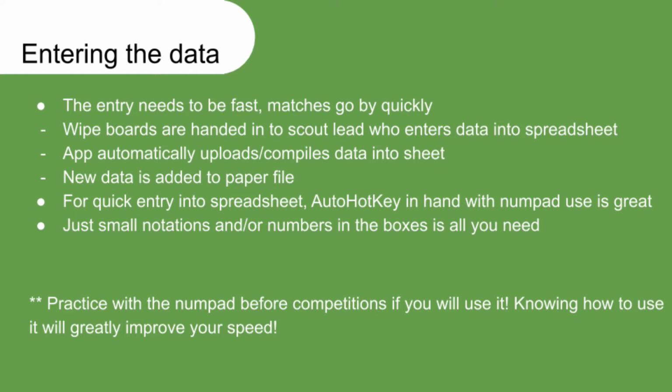It's really just a breeze, especially if you're really good at it. And just small notations and or numbers in the boxes is all you need, which is why the numpad is good to use, because maybe you don't need the minus button up in the corner. So you set it to N for no, for a box. And as always, practice before competitions using the numpad. And like I said, you'll be really fast if you really know how to use it.